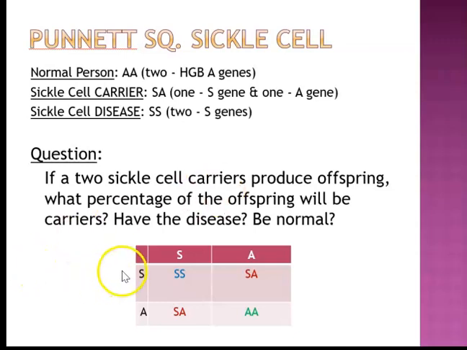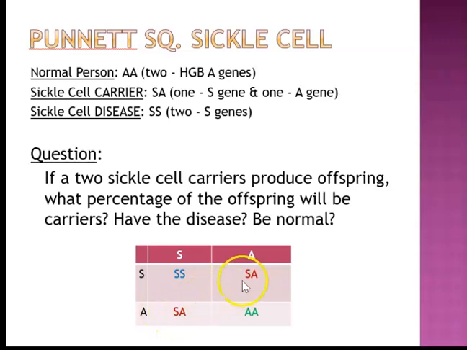If you draw out your Punnett square, and you put one parent across the top as a carrier, having SA for genes, and the other parent being a carrier, having again genes of SA, you're going to end up with a 25% chance of an offspring being SS, or having sickle cell disease, and another 25% chance of an offspring having AA, or being normal, not having the disease or being a carrier.